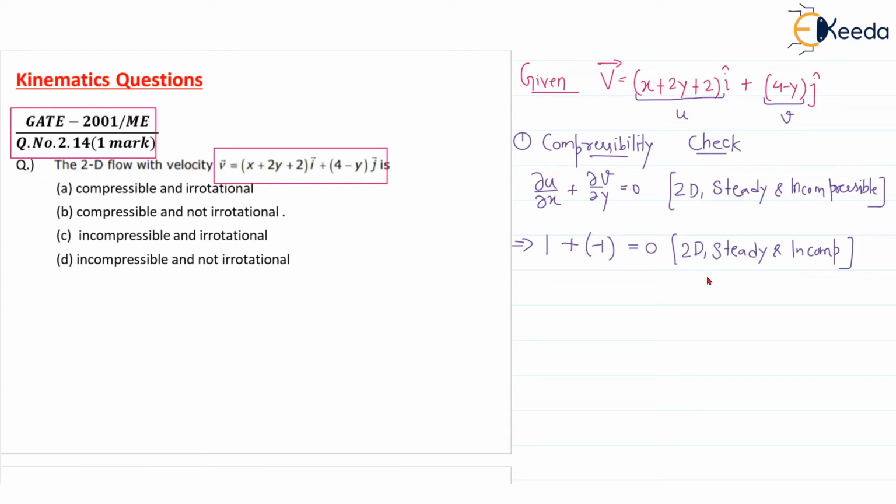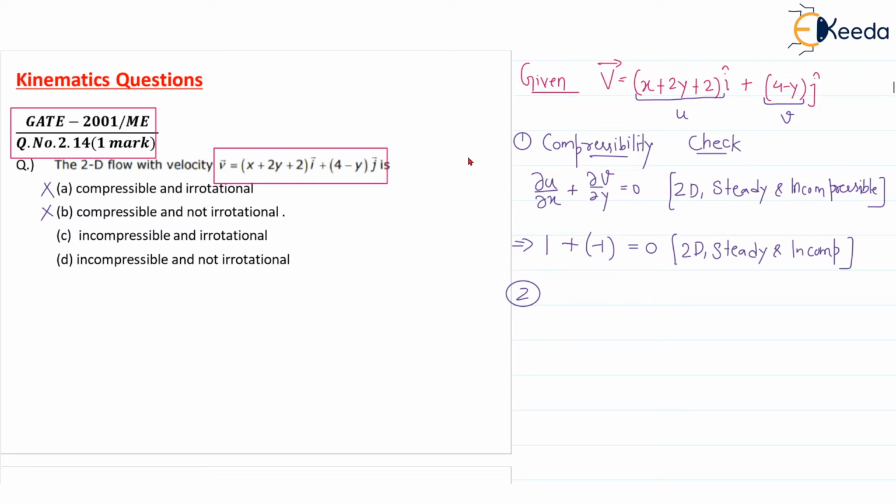That means A is compressible, so A is wrong. B is also compressible, so B is also wrong. So it can be either C or D, and for that we have to check whether the flow is rotational or irrotational.